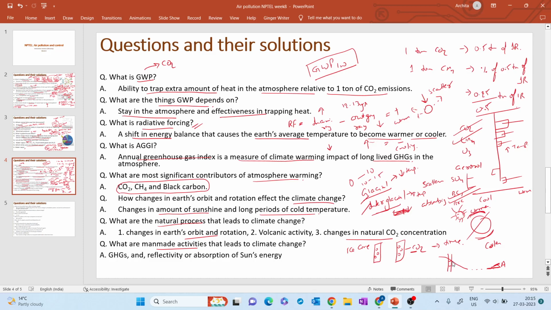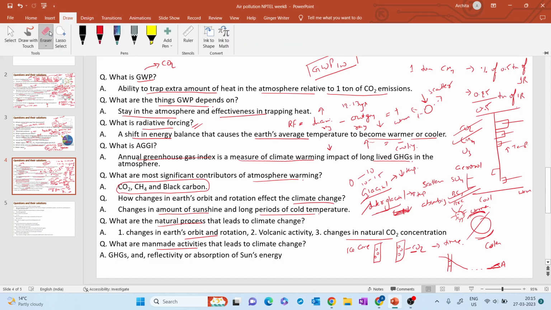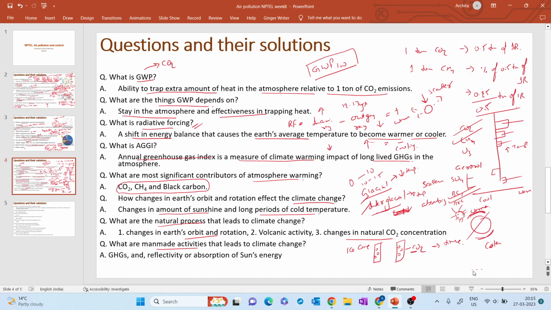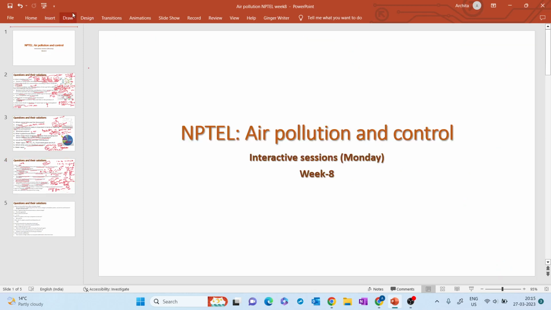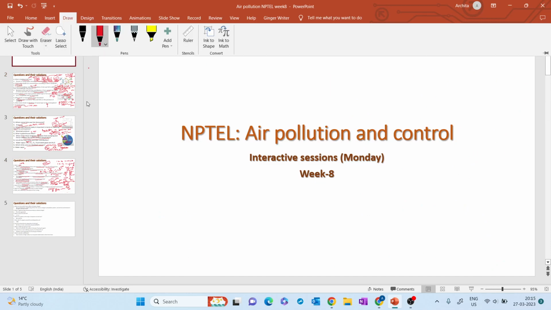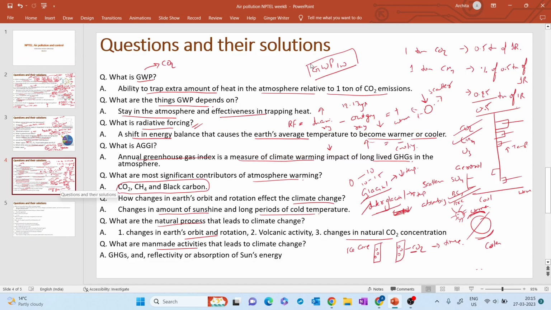I'll explain it in a different way. Let's say this is an ice sheet, and over time the concentration of ice is high here and low here.